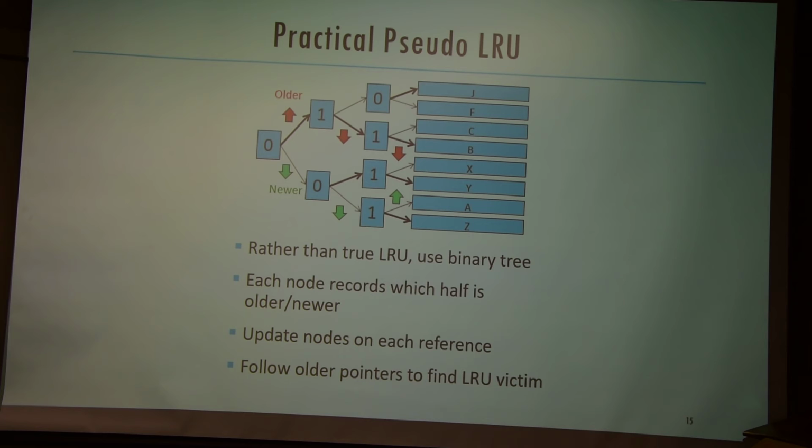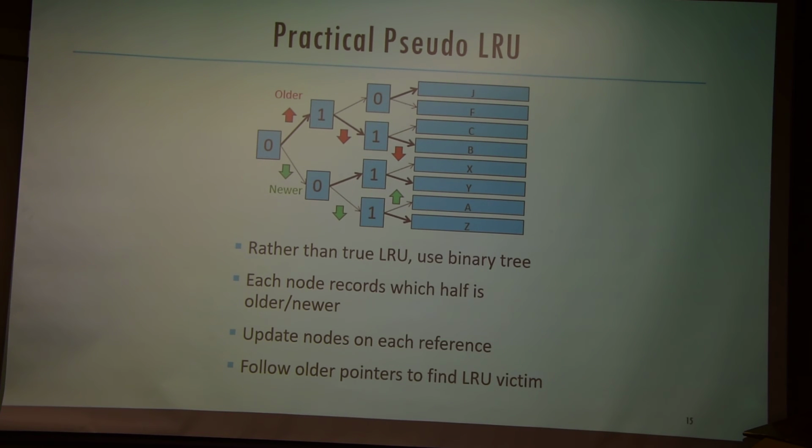Now there are other kinds of things. I just want to show you that people do tons of research in this area, or at least in the past. I don't know how active it still is. You have a more practical pseudo-LRU, where you essentially have different kinds of sorting mechanisms. You use a binary tree, where going to the top or to the bottom indicates older or newer.